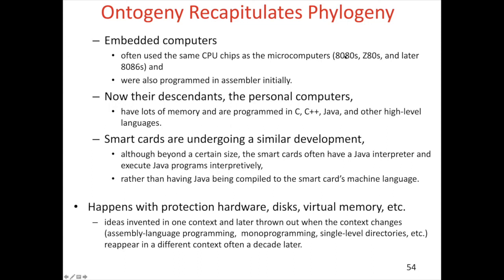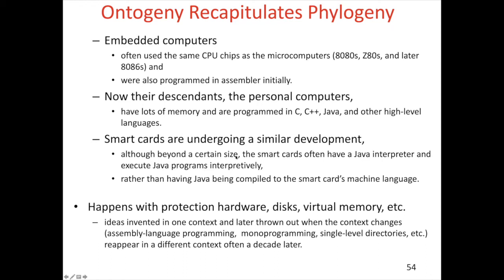Some examples are 8080s, Z80s, and later the 8086, and they were also programmed in assembler initially. Now their descendants, the personal computers, have lots of memory and are programmed in C, C++, Java, and other high-level languages. Smart cards are undergoing a similar development.